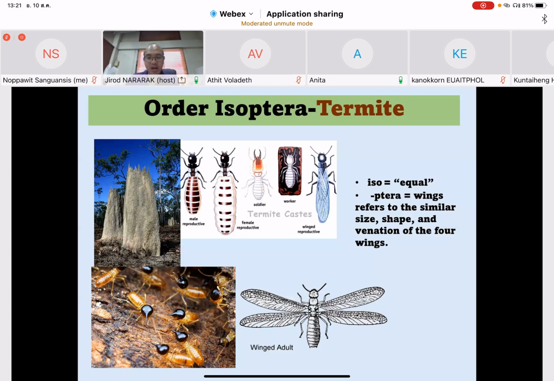As you can see here, the forewing and hind wing are similar in size, shape, and venation. All the wings are the same and equal. That's why they call it the order Isoptera. We will learn the details of this order next week.